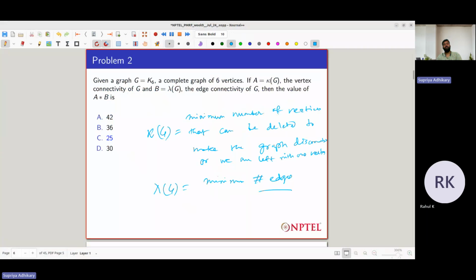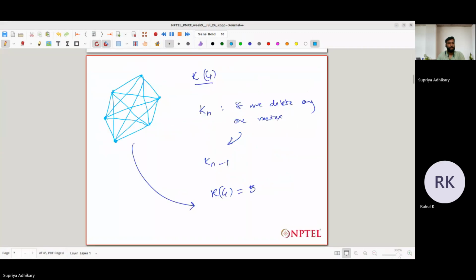That was the definition, and similar for the edge one: the minimum number of edges deleted so that the graph is disconnected, or we are left with a null graph. Okay, so over here we have the vertex connectivity as 5.